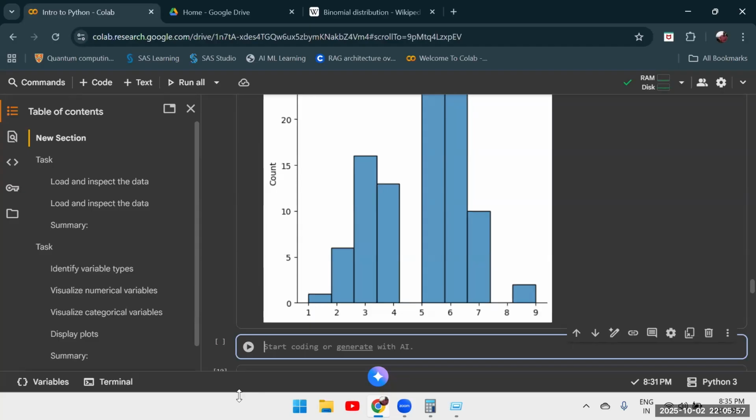Discrete data is nothing but mostly countable values. For example, shoe size of people. It will be 6, 7, 8, 9, 10, 11, depending on the size of your foot. This is basically a countable value.